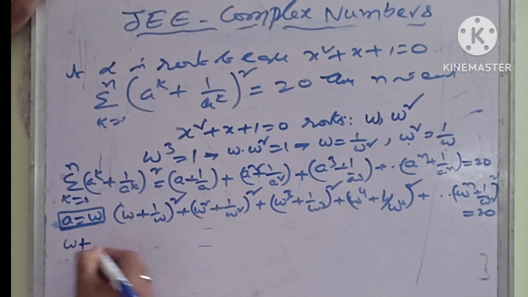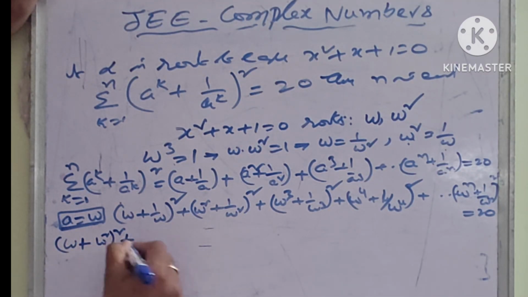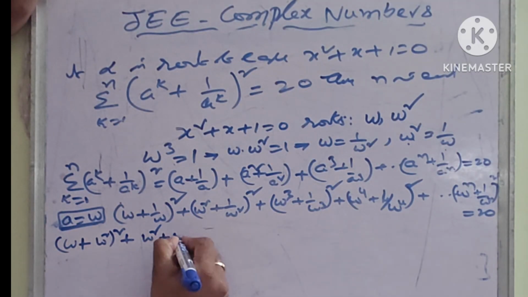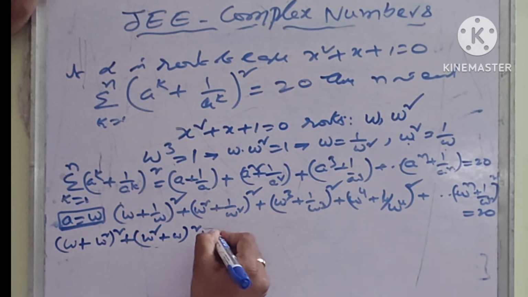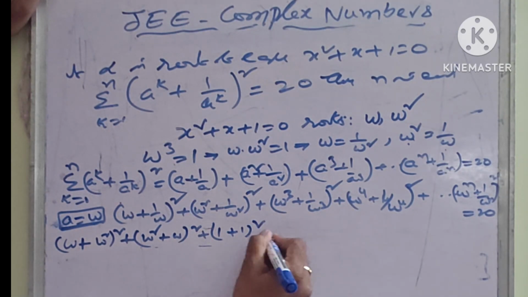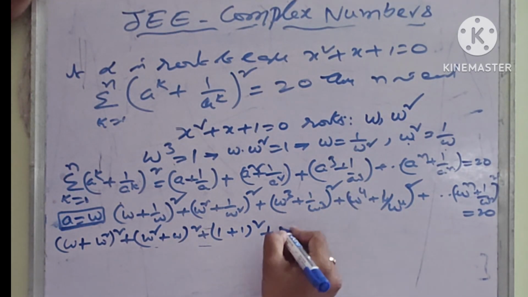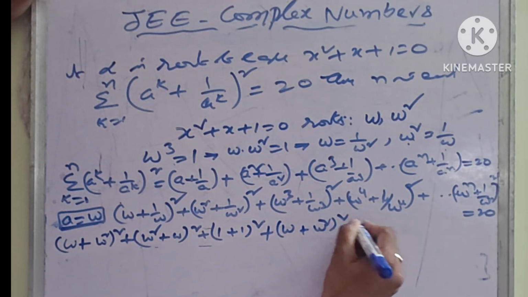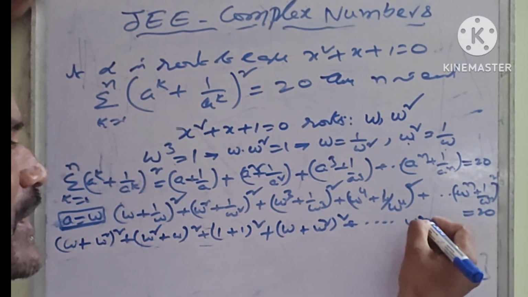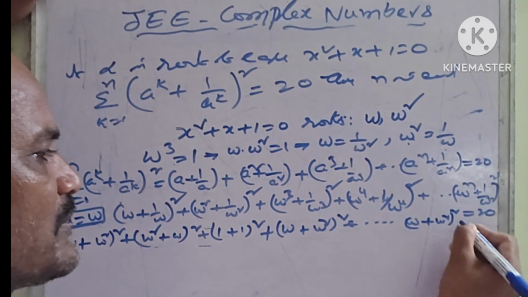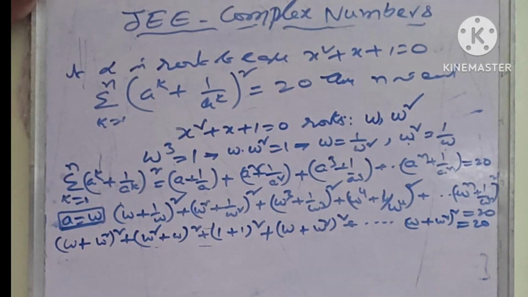So here omega, 1 by omega means omega square, whole square, plus omega square, 1 by omega square means omega, whole square, plus omega cube is 1, 1 by 1 means 1, whole square, plus omega power 4 is equal to omega, so 1 by omega is equal to omega square, plus so on, omega power n, so omega plus omega square whole square, that is equal to 20.